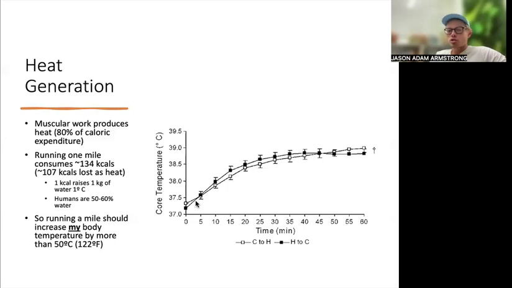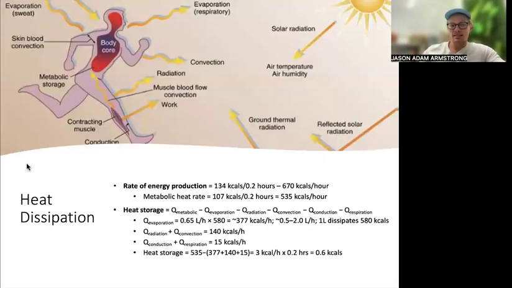Okay, so it increased 2.5 degrees Celsius, not 50 degrees Celsius. But the math says it should have increased 50 degrees Celsius. Okay, that's if we were a closed system, meaning all of that heat stayed inside of us. Okay, so we know that it doesn't.